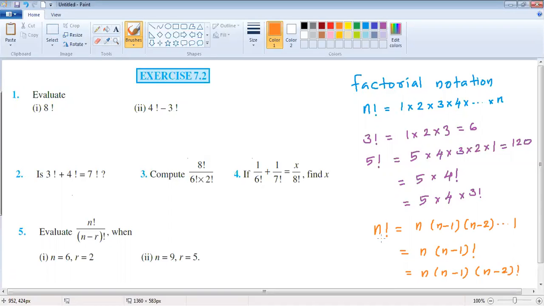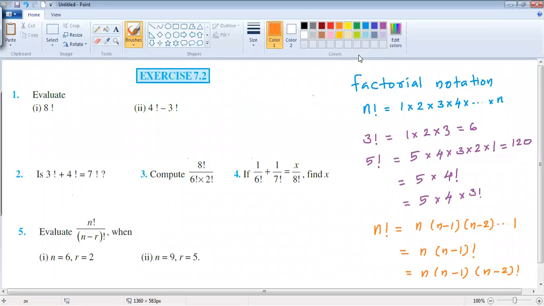So in general, n factorial, that n के बाद एक exclamation symbol, it is factorial notation. So n factorial मतलब the product of the first n numbers. 3 factorial मतलब 1 into 2 into 3.